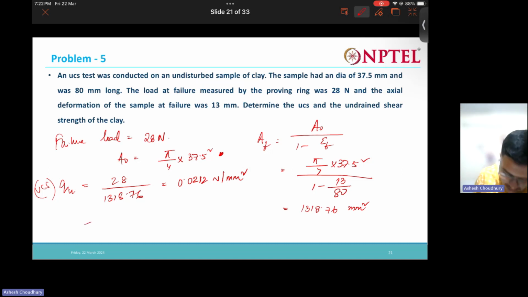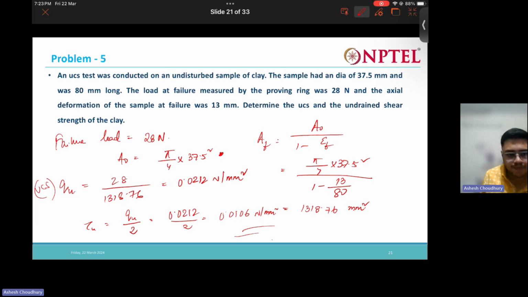Undrained shear strength is nothing but qu by 2. Right, very simple. I hope you are able to do that.